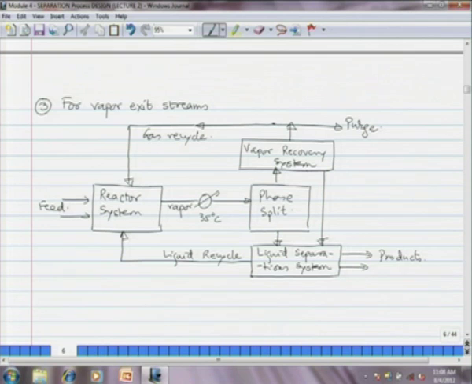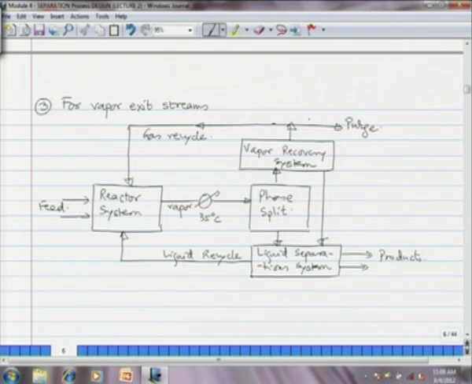If the reactor exit stream is completely vapor, then you have a system that is shown on the screen. Okay. The reactor system takes in feed, then the outlet is a vapor stream, it is cooled to 35 degrees, then it is sent to phase split. Phase split generates two streams, a liquid stream which is sent to the liquid separation system, where the unreacted reactant, the liquid phase, is recycled and the products are taken out, and then the vapor stream is sent to the vapor recovery system.